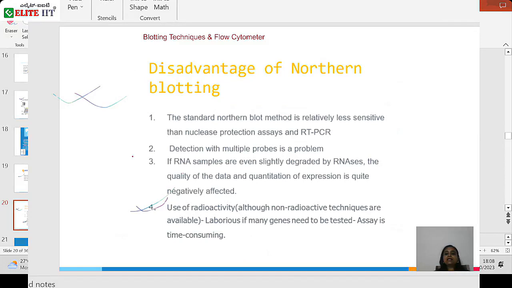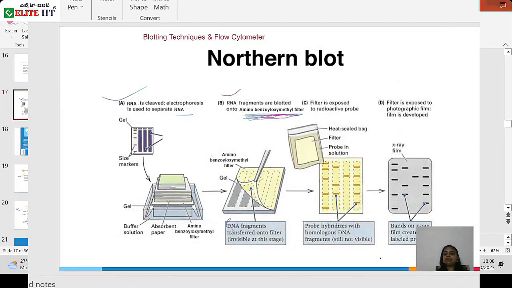In this case the standard is relatively less sensitive than reverse transcription PCR. Detection with multiple probes is a problem because here we are only applying one probe. If you use one probe, trying to identify one band, this is very useful, but if you want to identify multiple bands, it will be problematic.